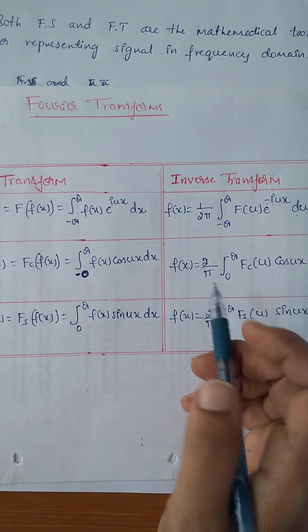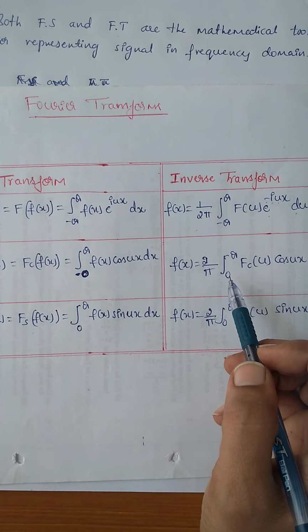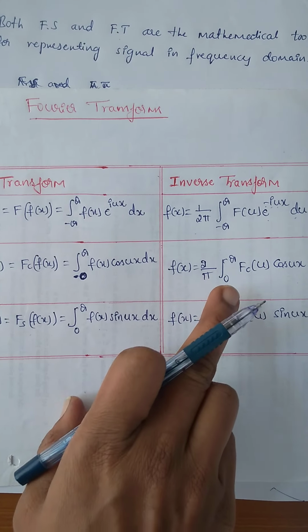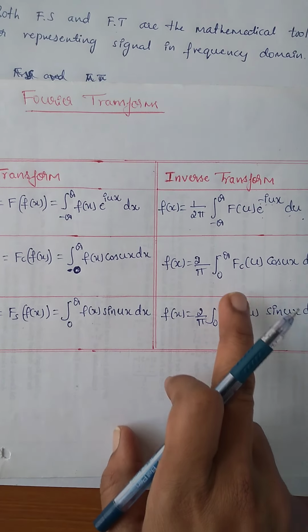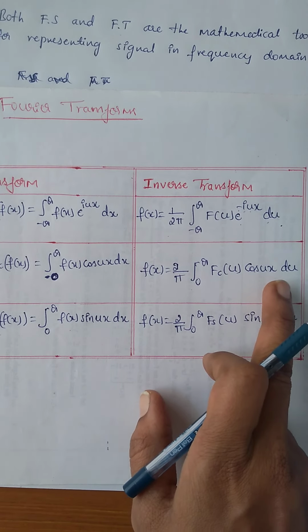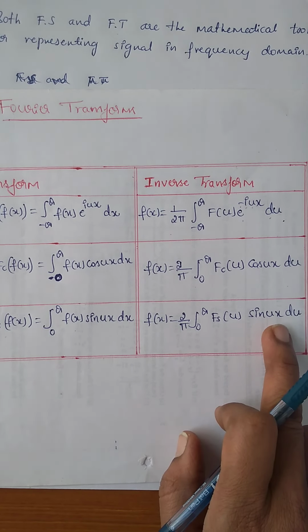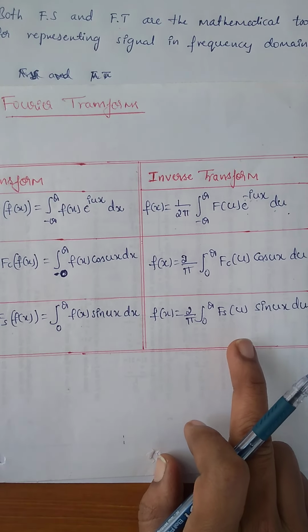The inverse Fourier cosine transform is f of x equal to 2 by pi integration from 0 to infinity of Fc of u cos ux du. Sine and cosine always take the limit 0 to infinity. Similarly, the inverse Fourier sine transform is 2 by pi integration from 0 to infinity of Fs of u sin ux du.